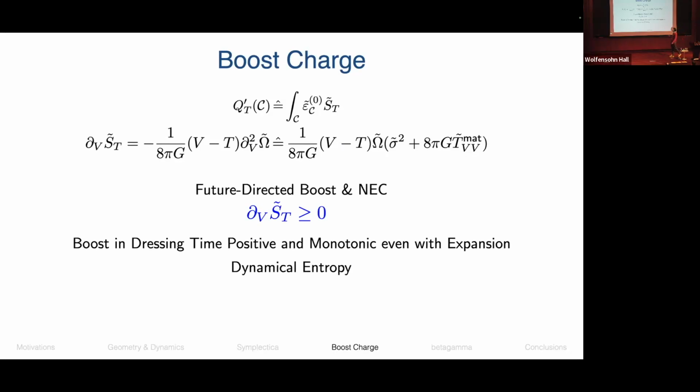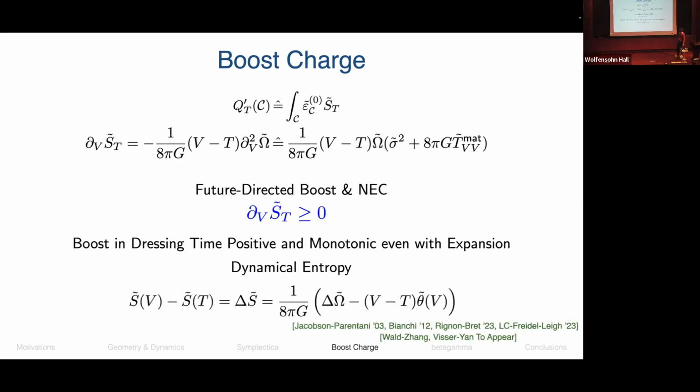It's actually what I'm working on these days, to try to relate it to the notion of dynamical entropy. To show what the notion of dynamical entropy is, let me just take the difference of two boosts, the finite difference. Then this has an area law relationship here, except that there is an extra term, which depends on the expansion at the final time, for which I take the difference.